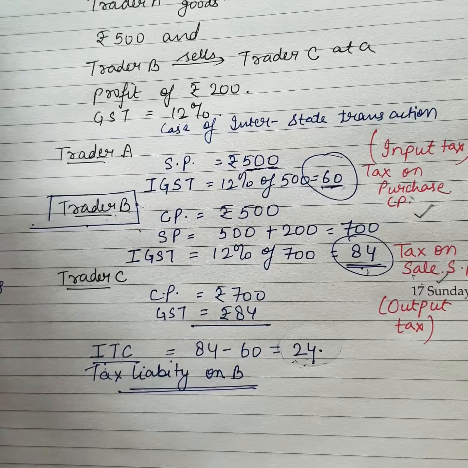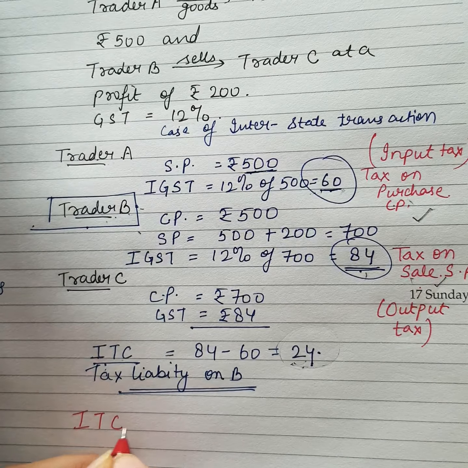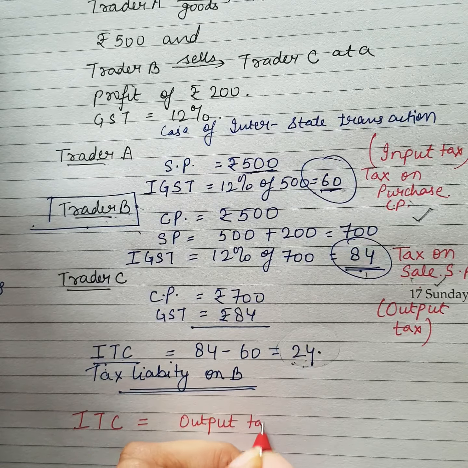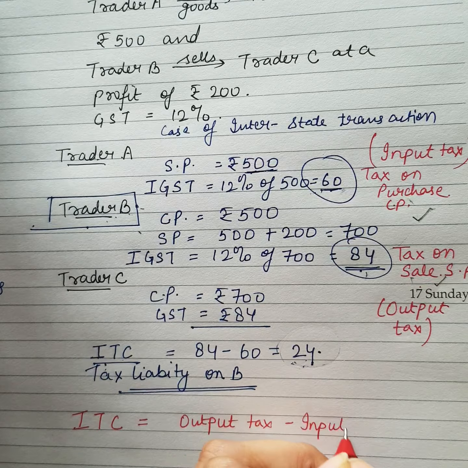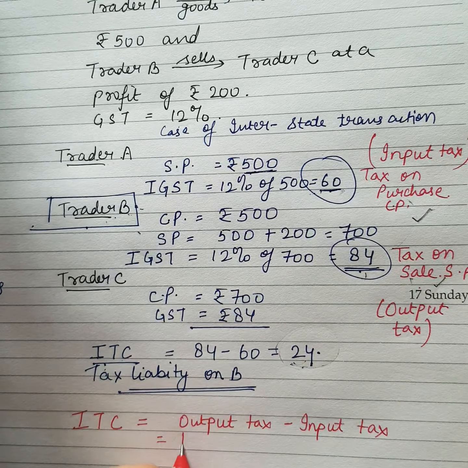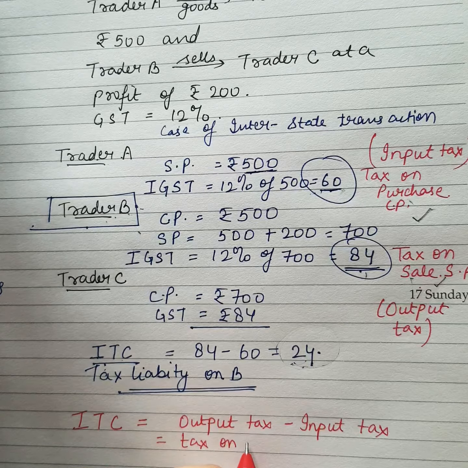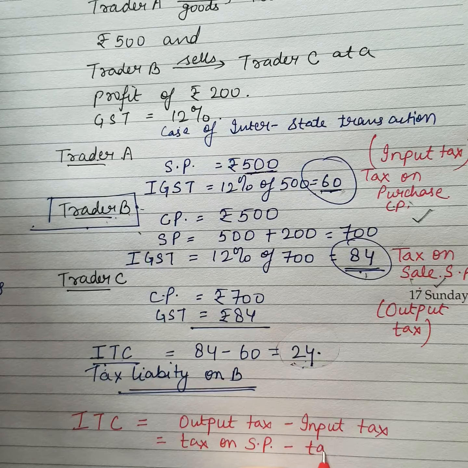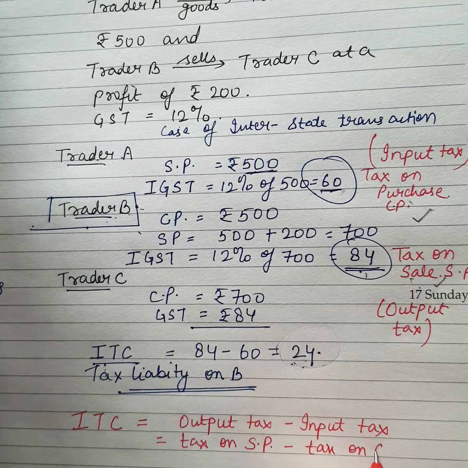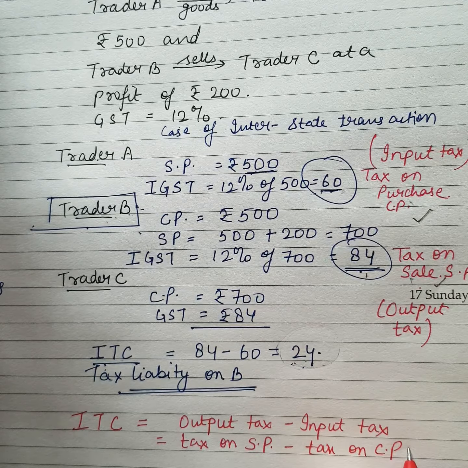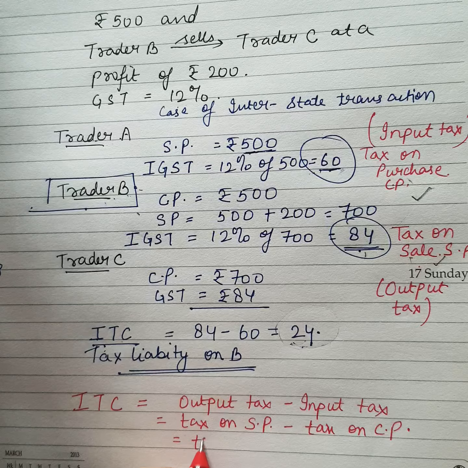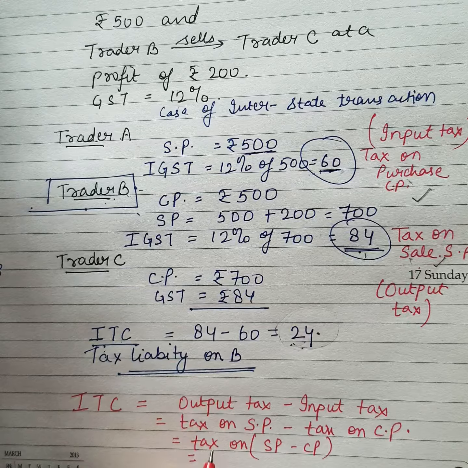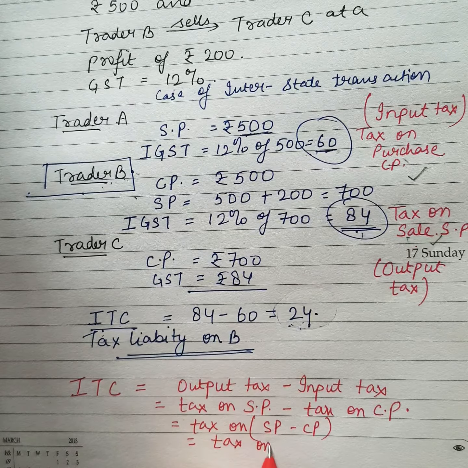So the formula for input tax credit will be output tax minus input tax, where output tax was the tax on selling price while selling the product, and input tax was the tax on CP while purchasing the product. So in other words, tax on SP minus CP will be the same as tax on profit.